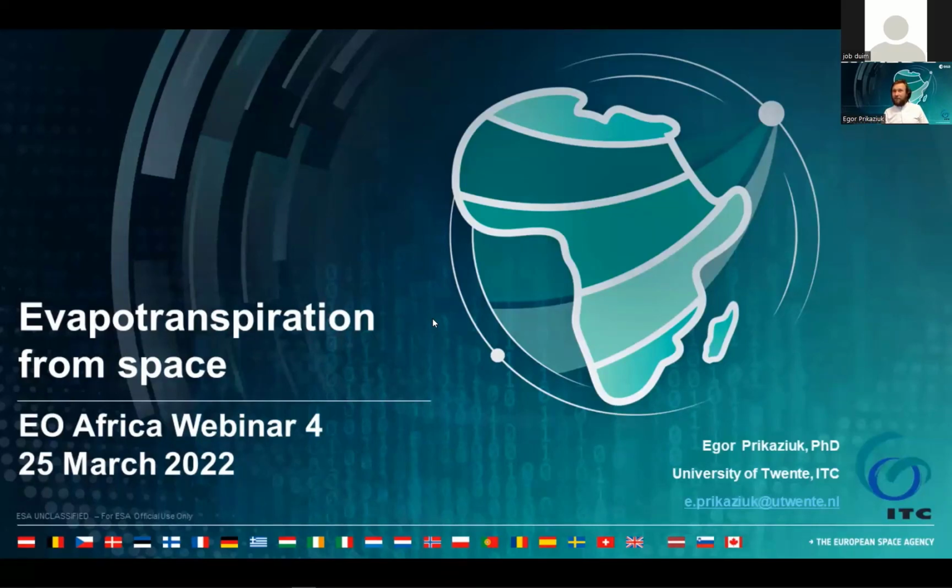The assumptions behind the model are different. ALEXI uses the time rate of change of land surface temperature, while this is a single snapshot of land surface temperature. ALEXI can do that because it uses geostationary satellites.